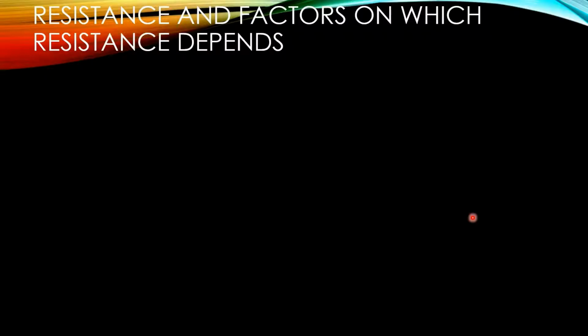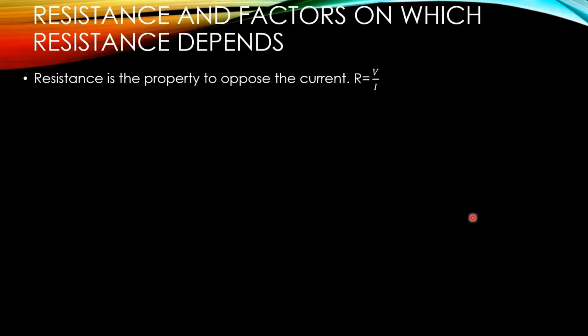First of all, in the previous video, I have already explained what resistance is. Again, I am giving the definition and then we'll discuss on what factors resistance depends. Resistance is a property of a substance which opposes the flow of current.